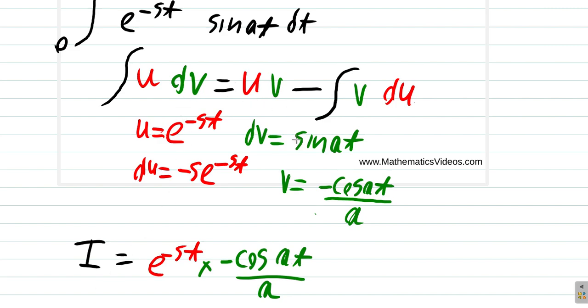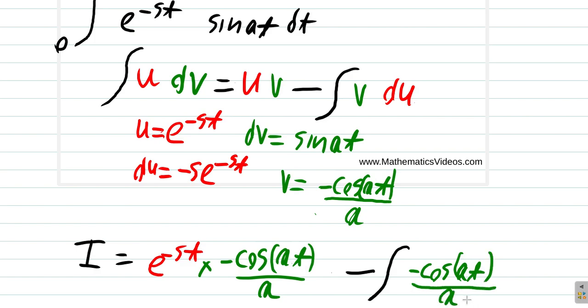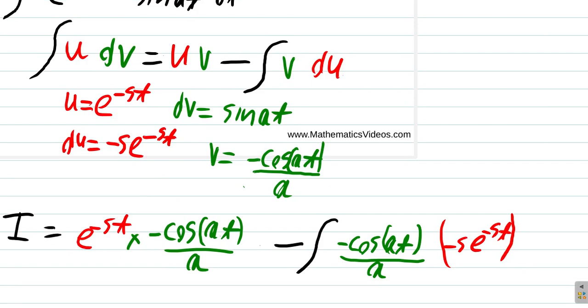So the integral of u dv is uv minus the integral of v, which is negative cos(at) over a, times du. What is du? du is negative s e to the negative st, and that is being integrated with respect to t. So that's what we have here now.